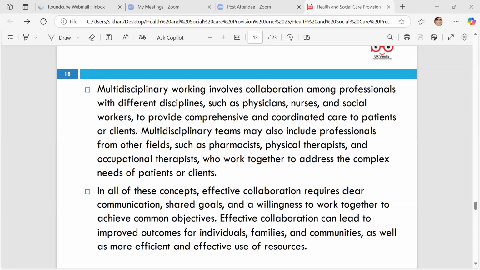They have a common goal, and they bring a diverse area of expertise, which is really good. They plan, coordinate and deliver care plans and make decisions together with treatment.